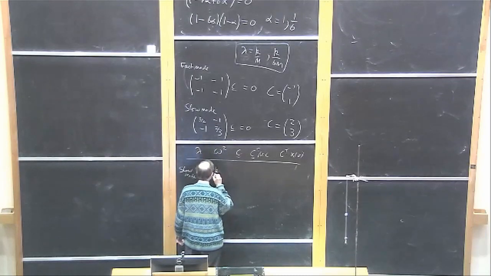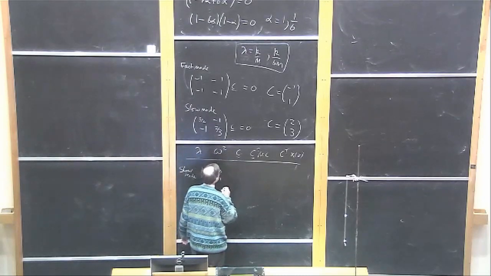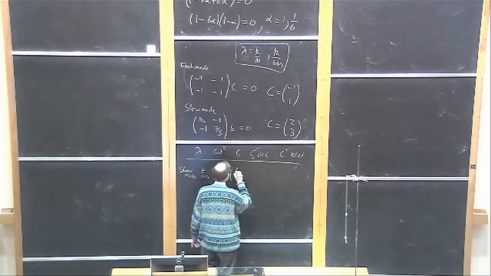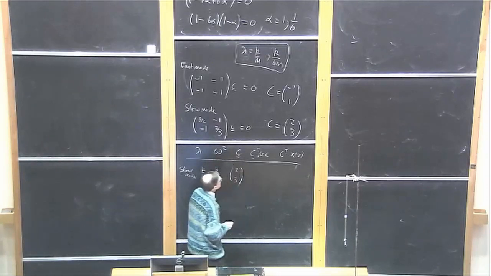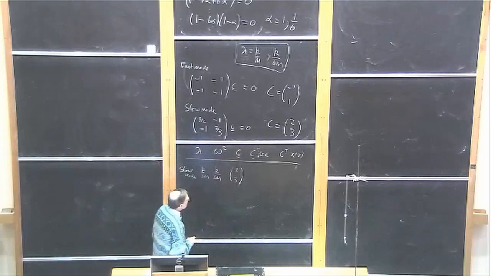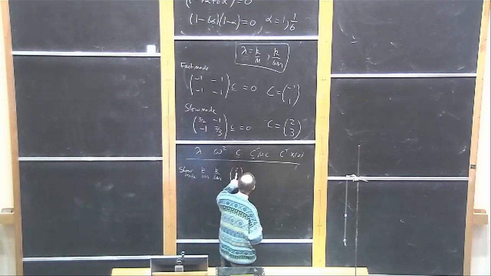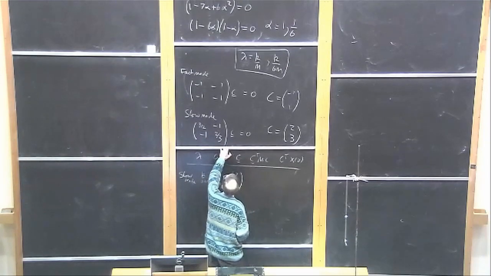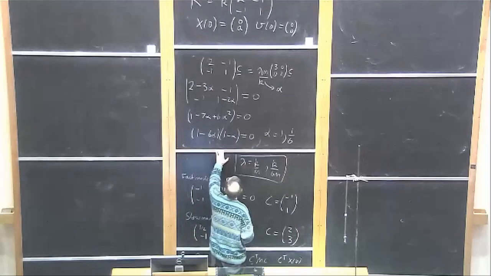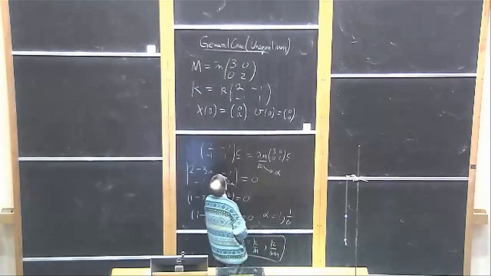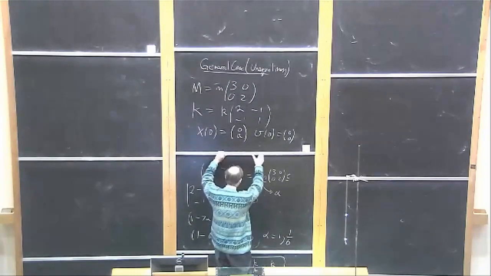C is 2, 3. So this C transpose M C is 4 times, where's my maths? It's 3, yeah, so it's 3 in the top left.